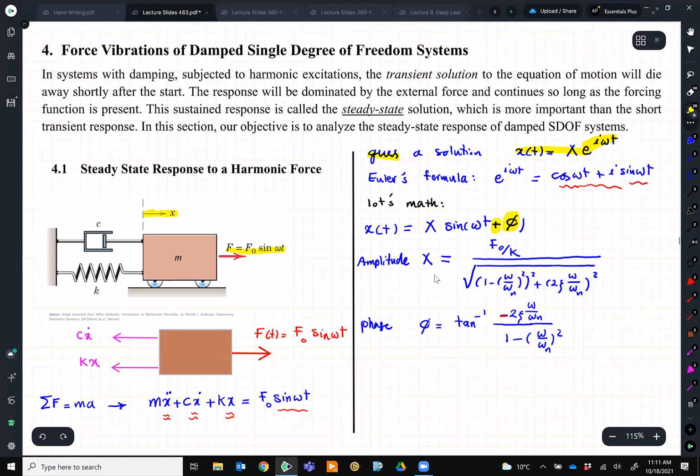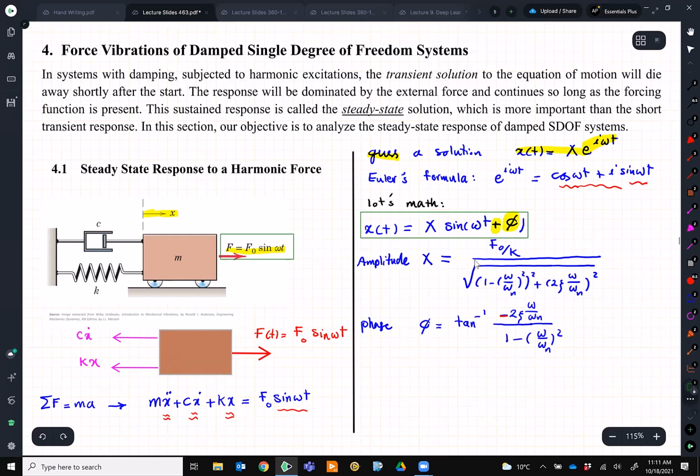What it shows is that this x(t) has a lag compared with this excitation force. The excitation force is sine omega t, but the response x(t) is sine omega t minus a value, right? So it means there is a lag.